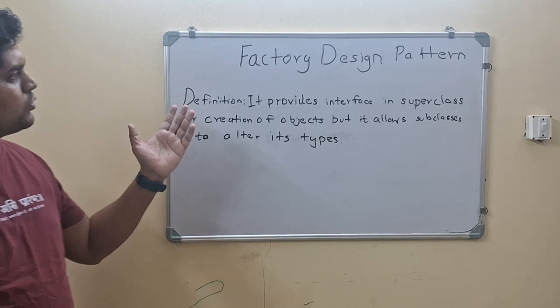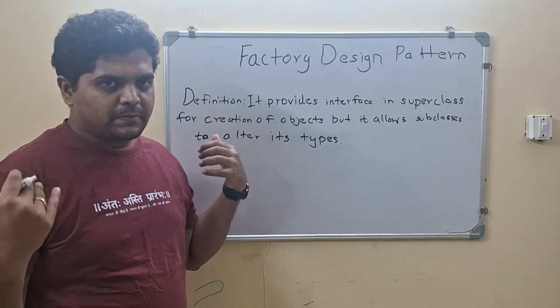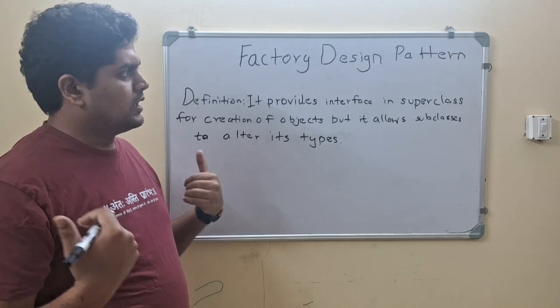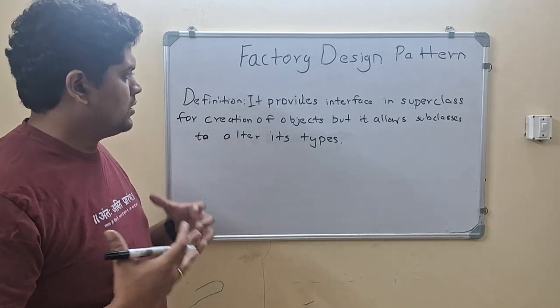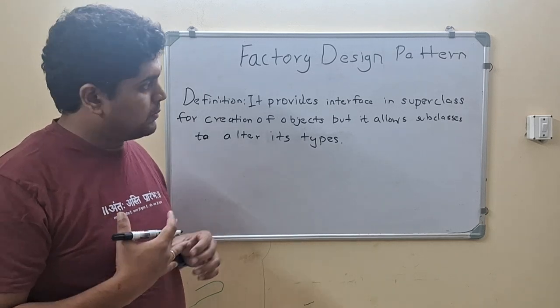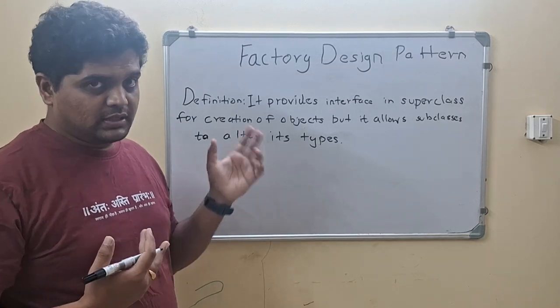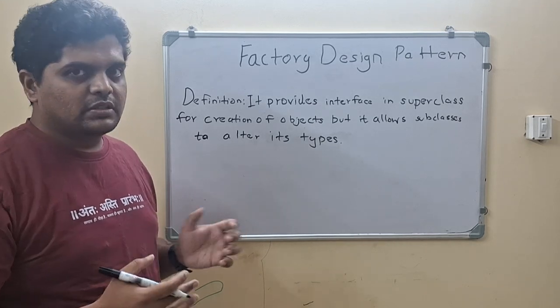As per the definition, what do you understand by it? There is an interface and it allows some method for creating multiple objects, but it allows the subclasses to alter its types.